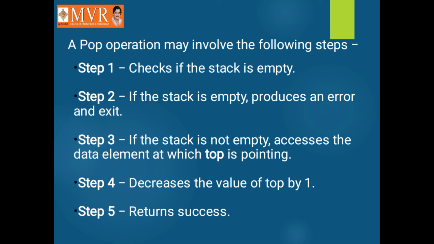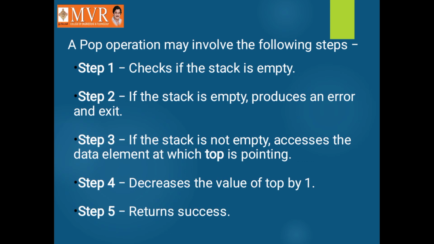This algorithm says that if I want to delete an item from a stack, first check the status of the stack. If the stack is empty, then I cannot perform the deletion operation on an empty stack. Then just show that the stack is empty, or underflow, which means the stack does not contain any items to be deleted, and then come back.